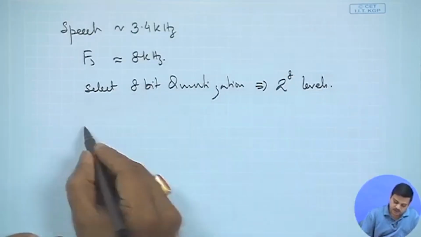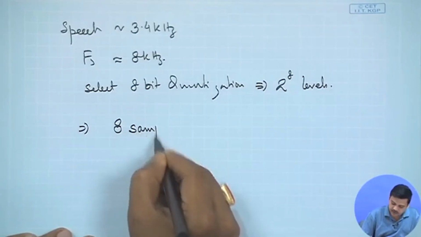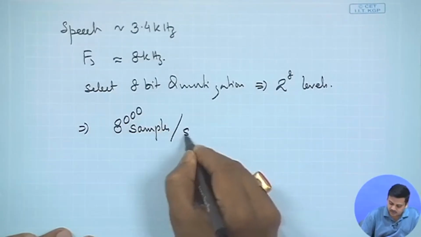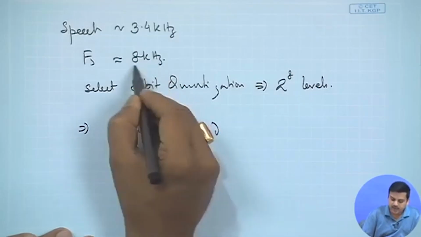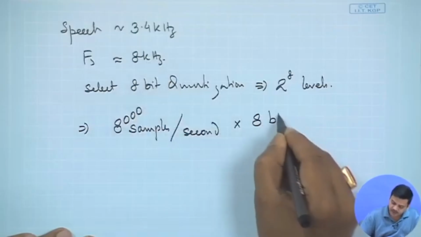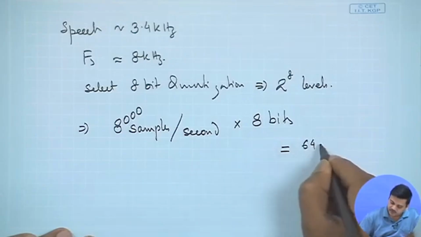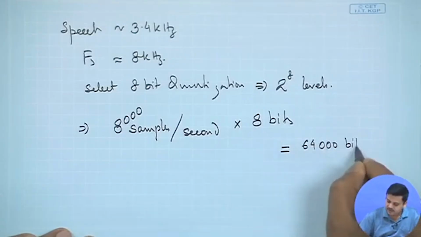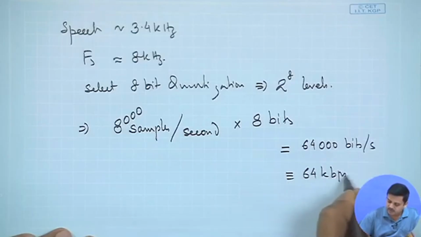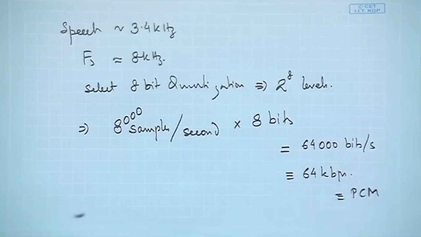This would imply I am going to get 8000 samples per second at the end of the sampler, and every sample is to be encoded with 8 bits. Together it is going to generate 64,000 bits per second, or 64 kilobits per second, which is generally the pulse coded modulation bit rate.